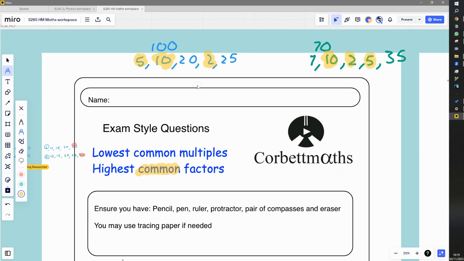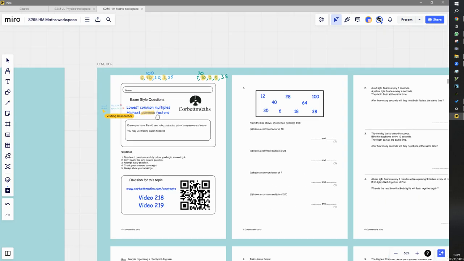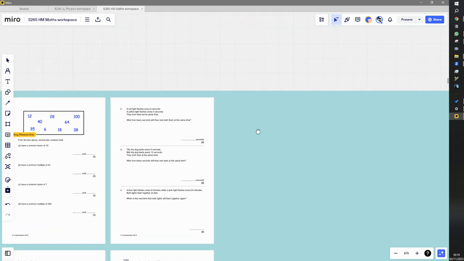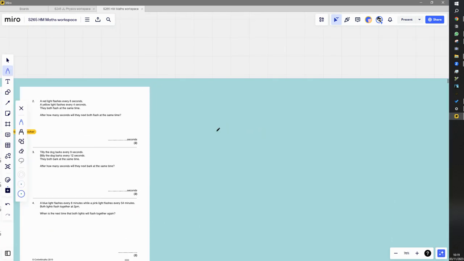There are ways to determine whether or not I've missed anything out. And to do that, the general way of doing it would be to use factor trees. So let's demonstrate this with a factor tree of 100 and a factor tree of 70.